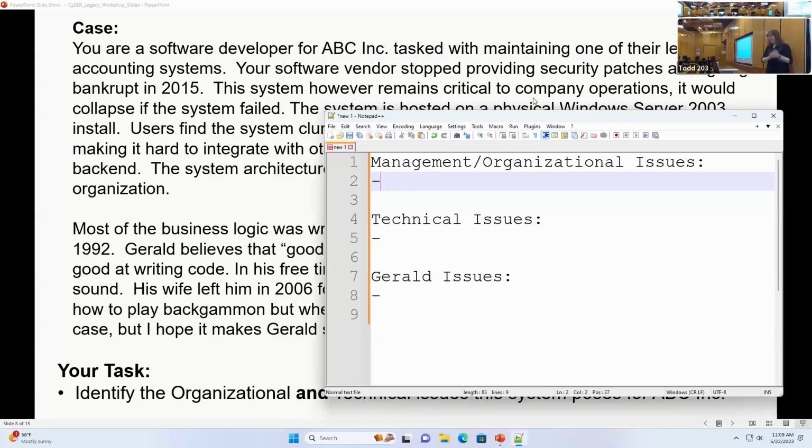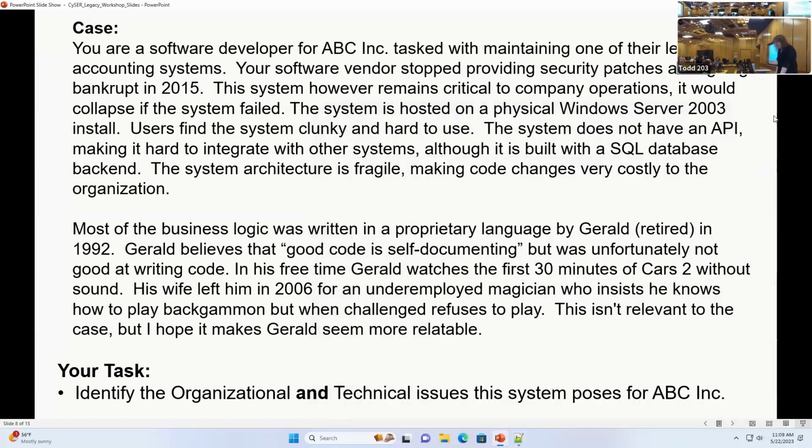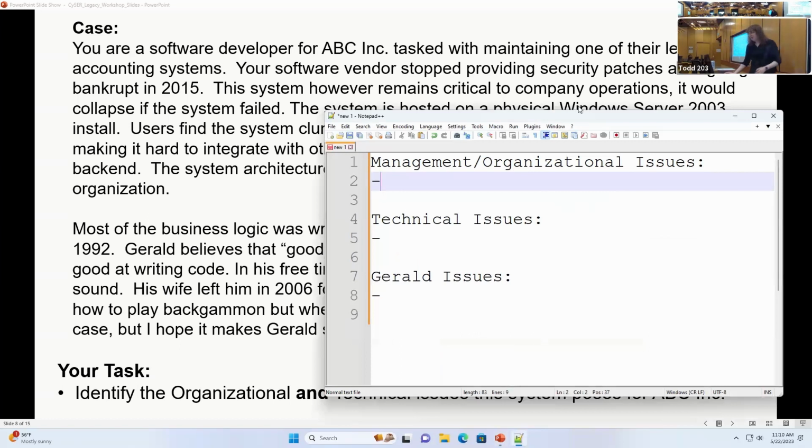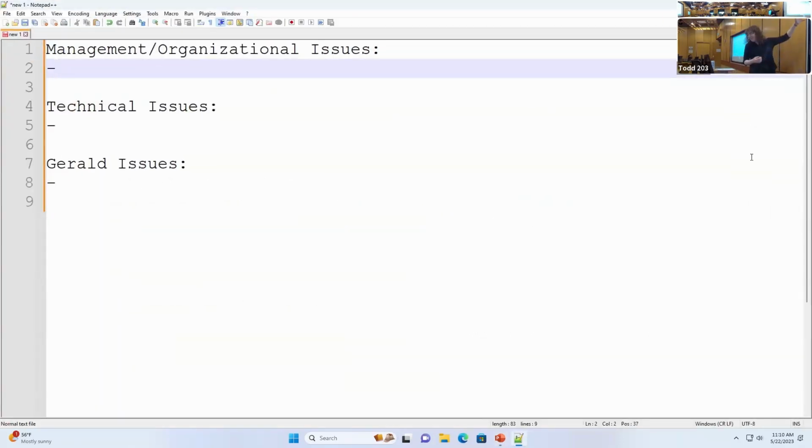I'll give you one more minute and then we'll get started. All right, so I've made a whiteboard in Notepad++, so we're gonna go with this.